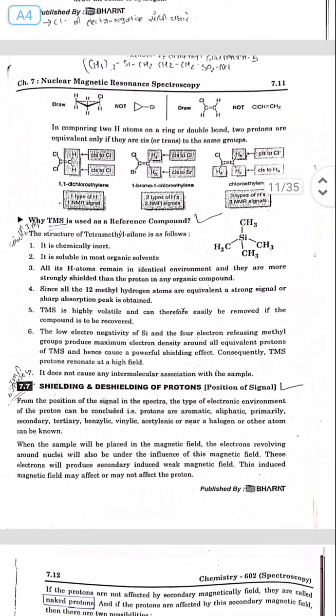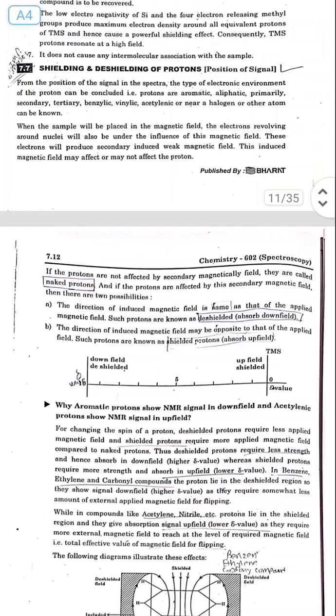Next we discuss shielding and deshielding of protons. Shielded protons mean high electron density, and appear upfield, at a low delta value. Deshielded protons are near electronegative atoms or a pi system, and appear downfield, at a high delta value.